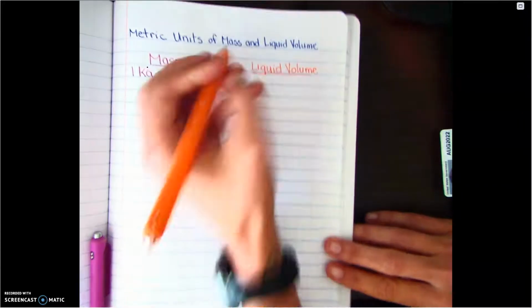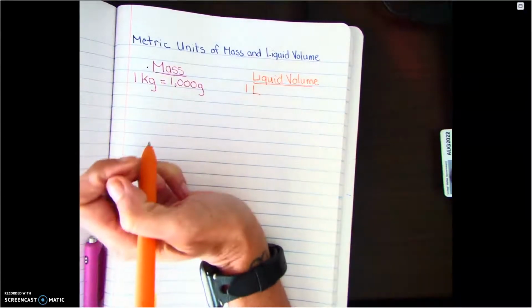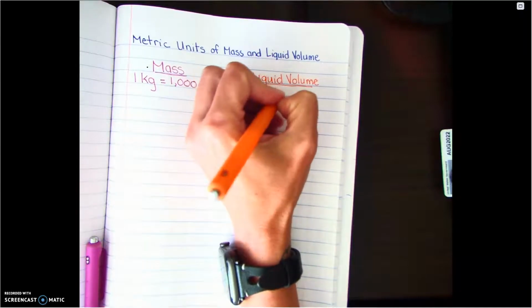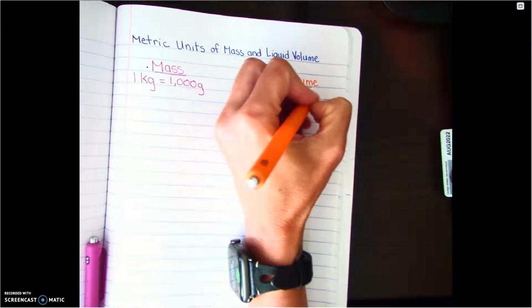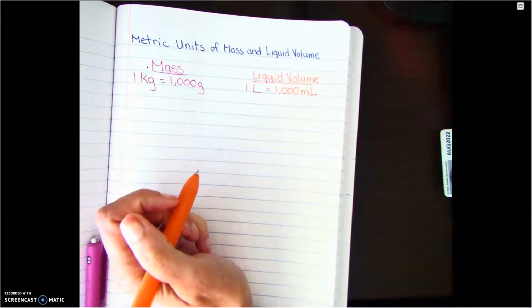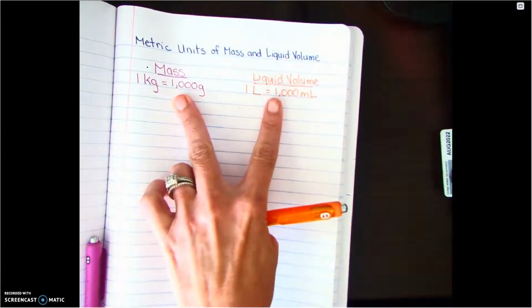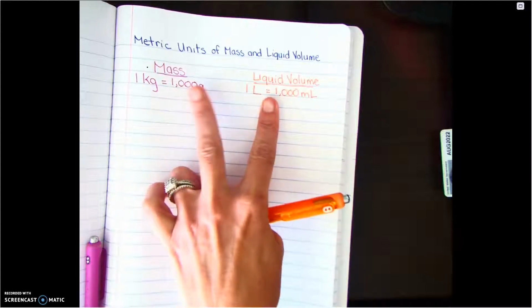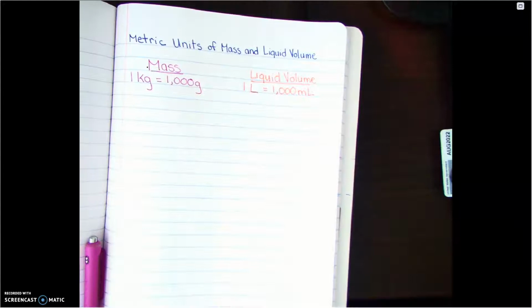And the same goes for the liquid volume. We have 1 liter, and I'm using the symbols for it, equals 1,000 milliliters. So we have the same kind of problem. We see 1 liter is the same as 1,000 milliliters, and 1 kilogram is the same as 1,000 grams. So those are the only two formulas that we're going to need today.